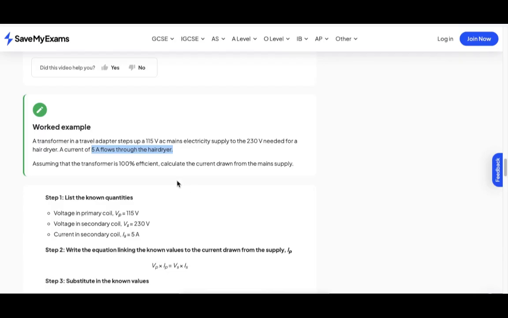Assuming the transformer is 100% efficient, calculate the current drawn from the mains, that's from the source. That's the current in the primary. Remember that.